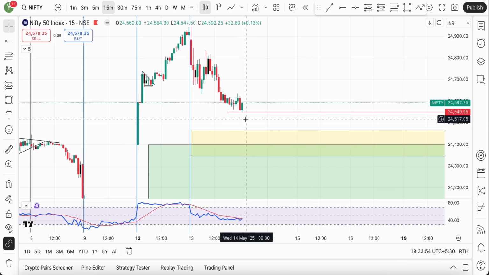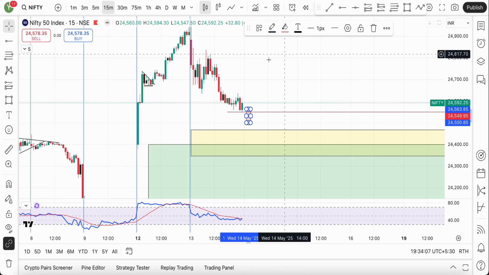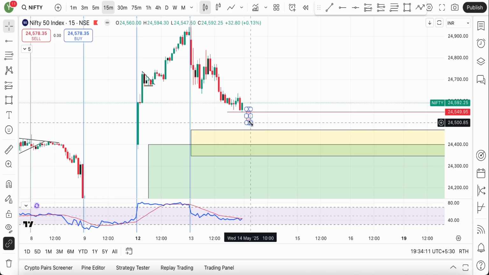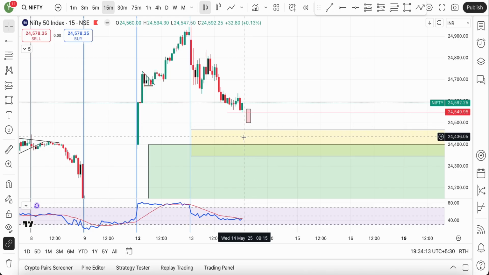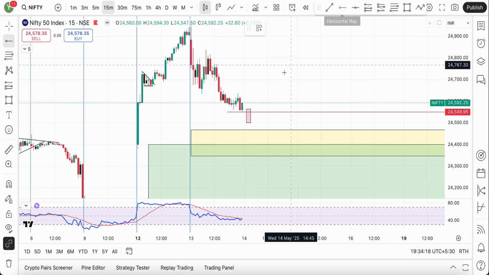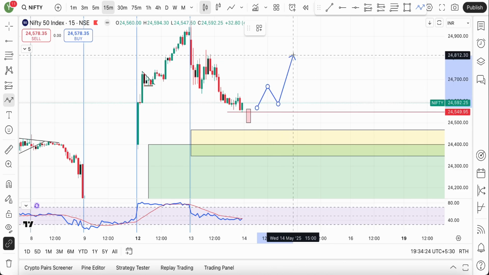If market opens with a gap down, or with a flat opening, and gives us a candle like this, for understanding sake we'll make it a red candle, a negative closing, this would invite fresh sellers into the market. But since the overall trend is positive, as soon as the high of this particular candle is taken out, we can expect a good trade on the upside.